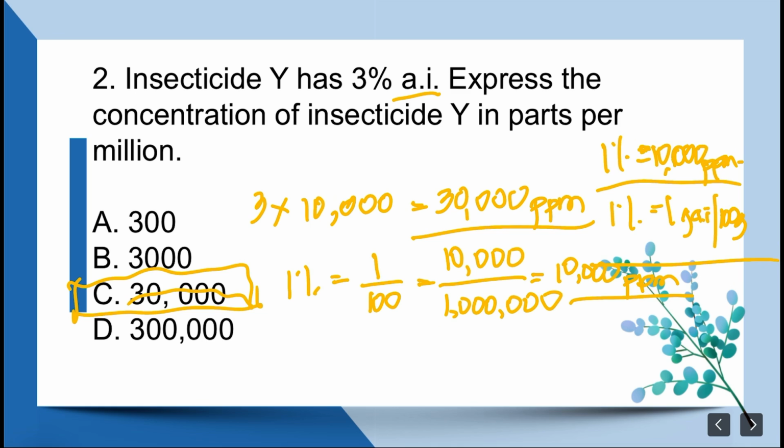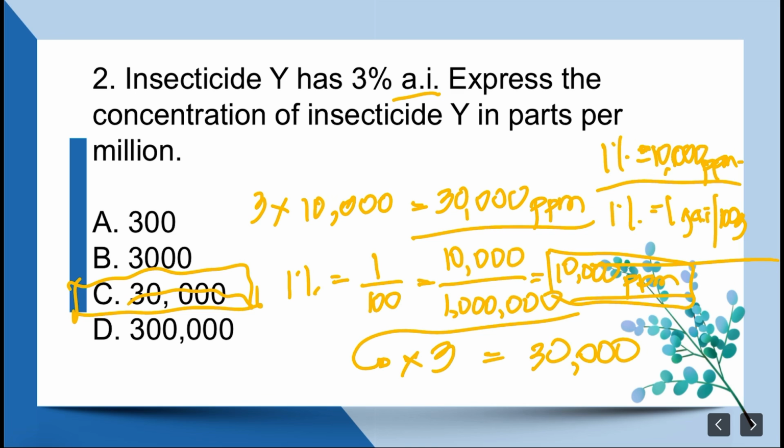Now, for the conversion of 3%, in the long method, to convert 3% to ppm, you just multiply this 10,000 ppm by 3. That will give you 30,000. That's the only conversion you need: convert the first one, the 1%. So this is the long method.